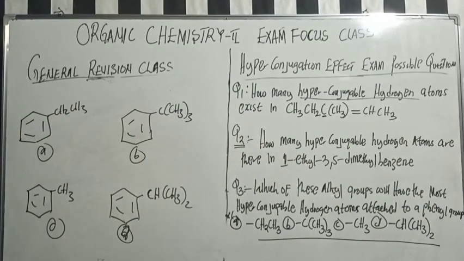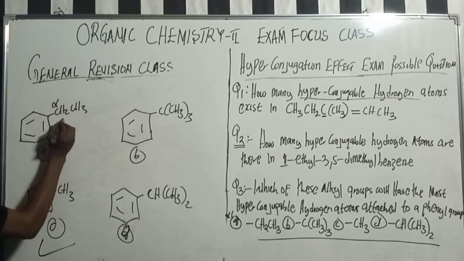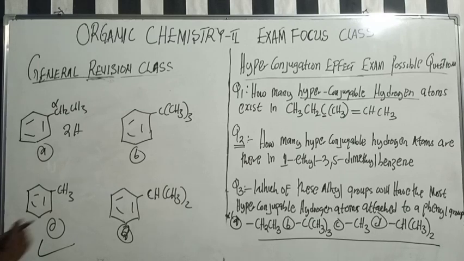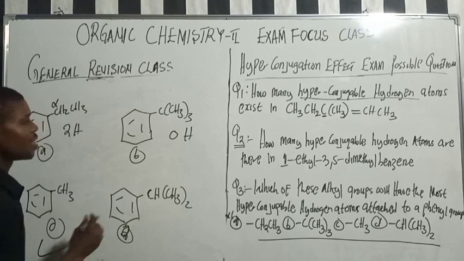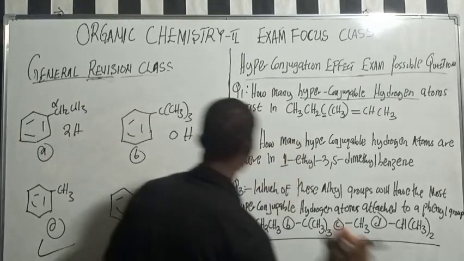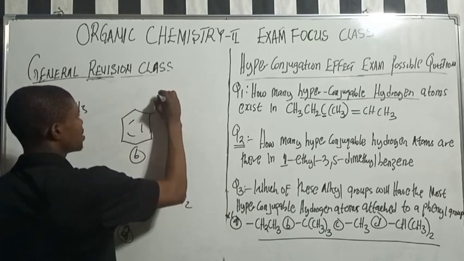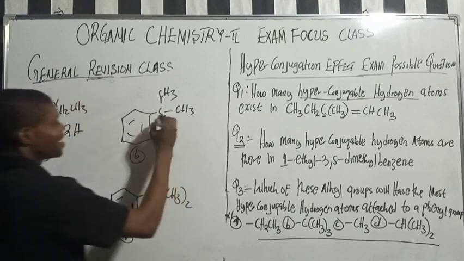Now, the answer is going to be C. C is the answer. Do you see that? This is called the alpha hydrogen. This alpha carbon has 2 hydrogens, right? This one has 0 hydrogen. There is no hyperconjugable hydrogen here because if you check it well, here we have CH3, CH3, and CH3.